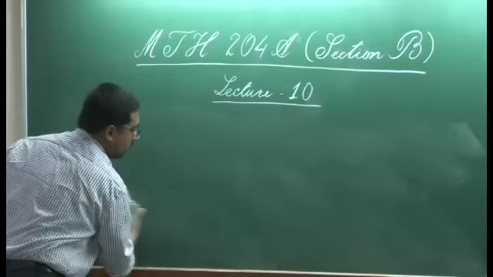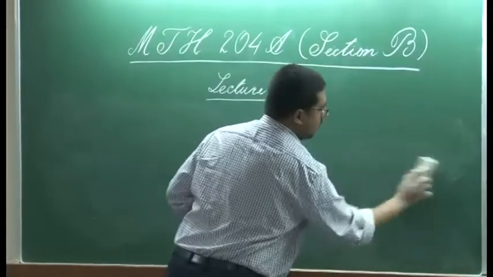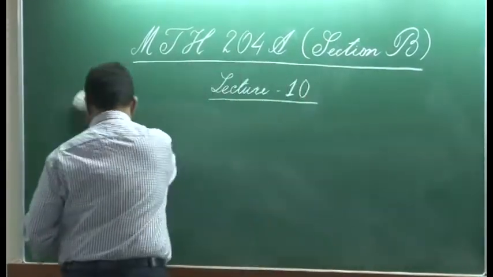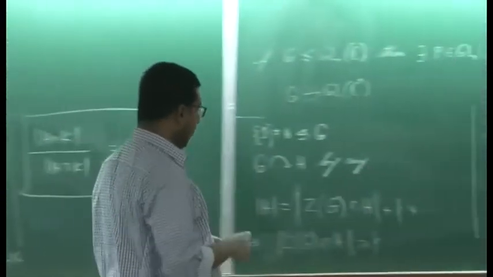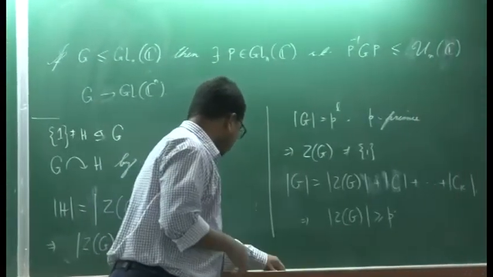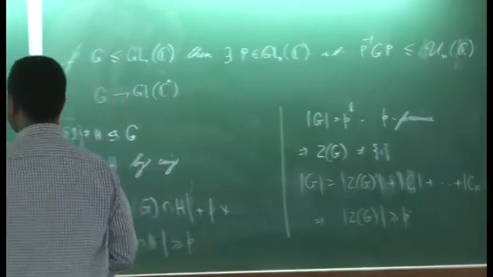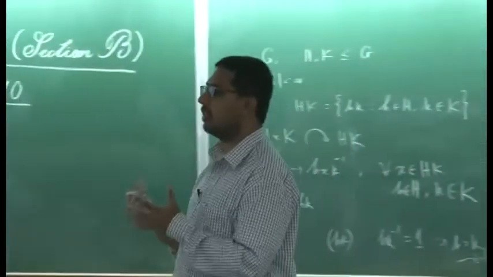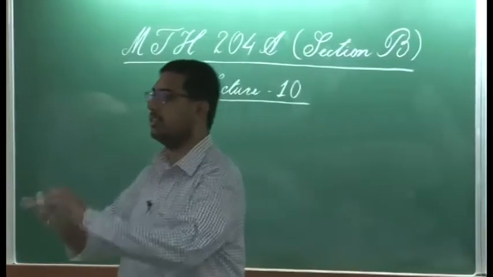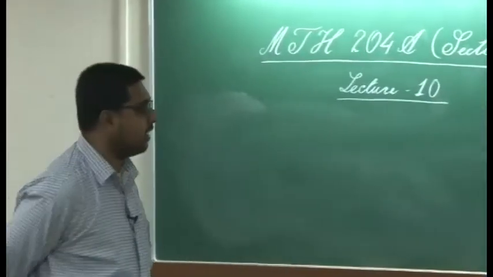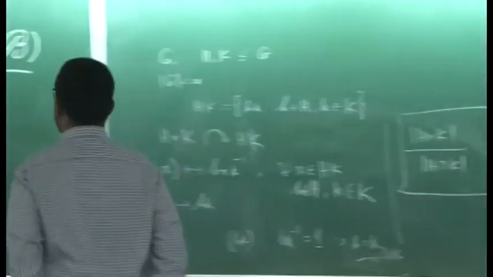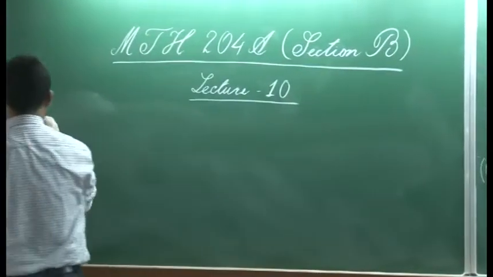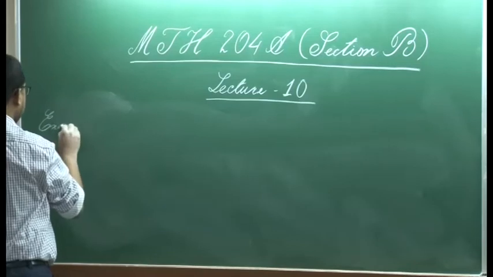So let me now talk about concrete examples of orbits and stabilizers. We have already defined them and discussed why they are important. Now this is the time to find orbits and stabilizers in the context of several concrete examples.